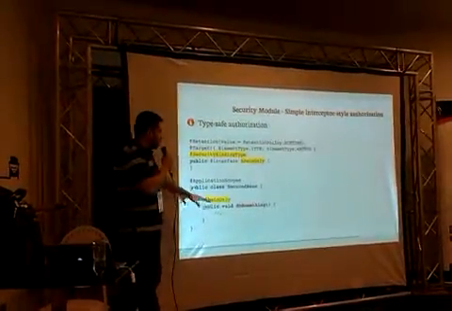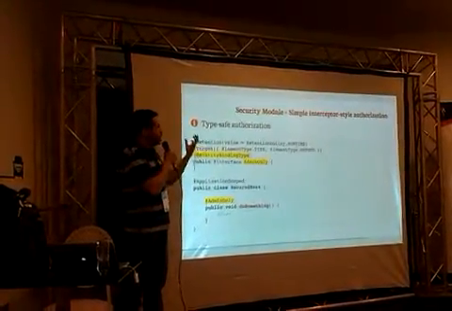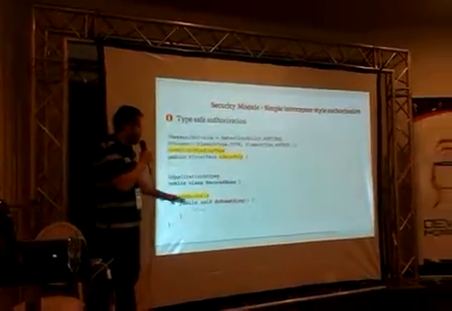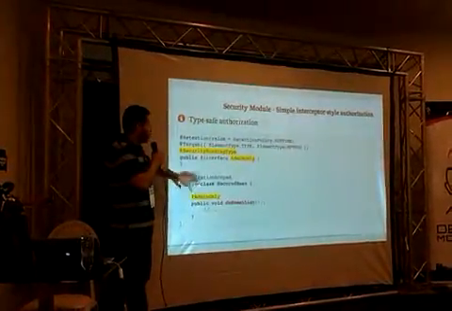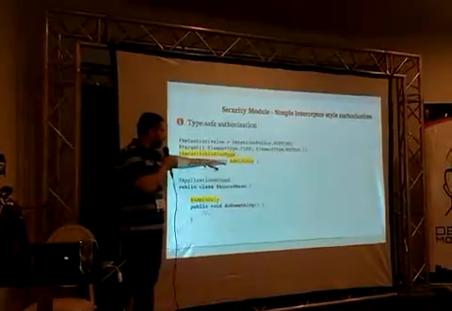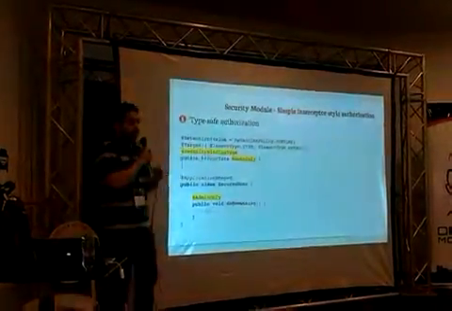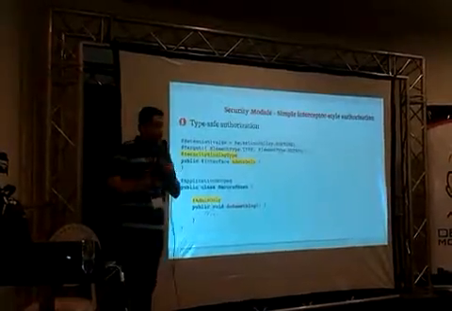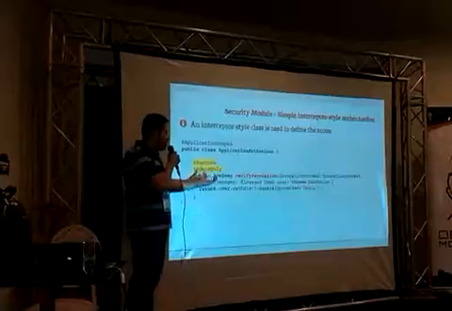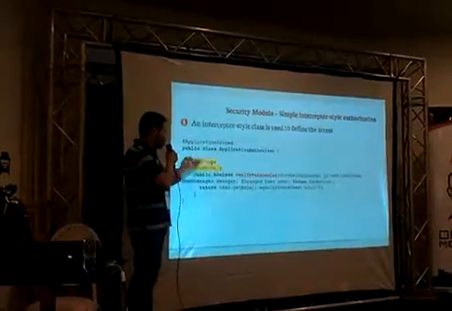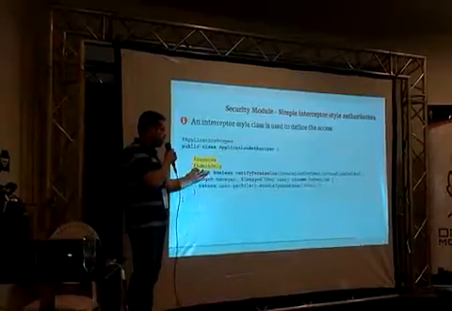You can use that in a type-safe way, like an interceptor style, where you create an annotation, and you say this annotation that I created is a security binding type. What do I need to do now? Just write a method that does the logic about this interface.